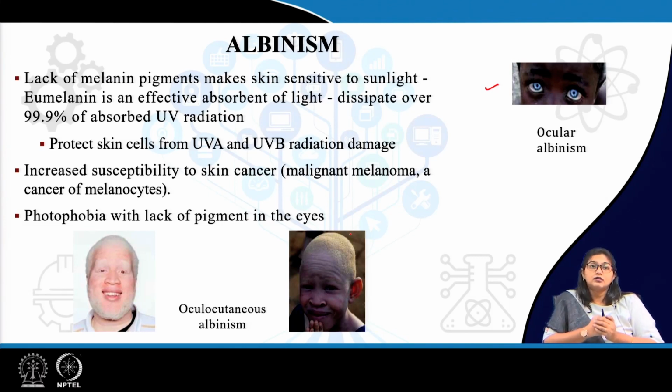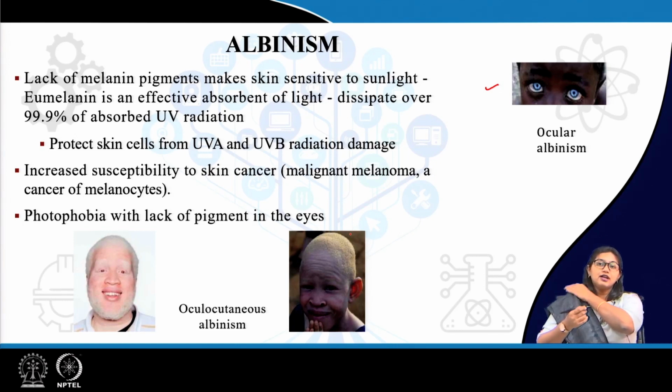Now, albinism predisposes to skin cancer. Why? Because this melanin pigment is very effective in dissipating UV light. It absorbs the UV light very efficiently and dissipates it, whereas in absence of melanin, skin becomes sensitive to light.